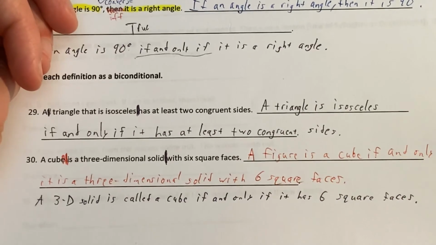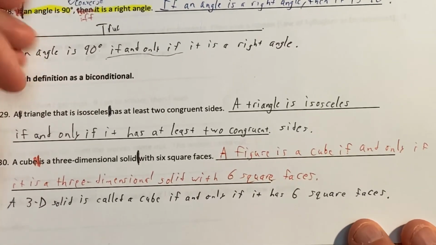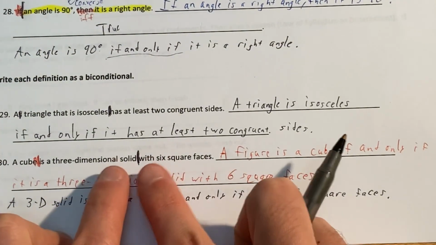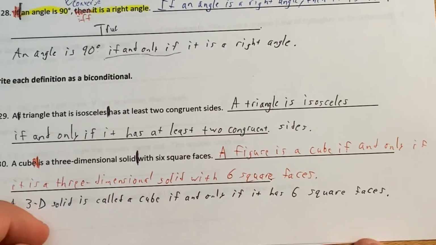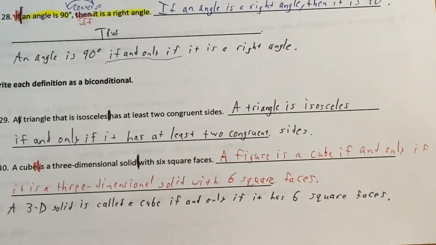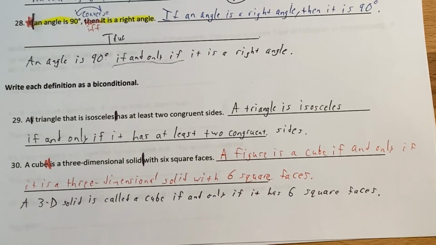There you go. So that's another thing that it could be. Either way, it is having this thing with a cube and this thing with 6 square faces going on. And there you go. That is writing a definition as a biconditional.